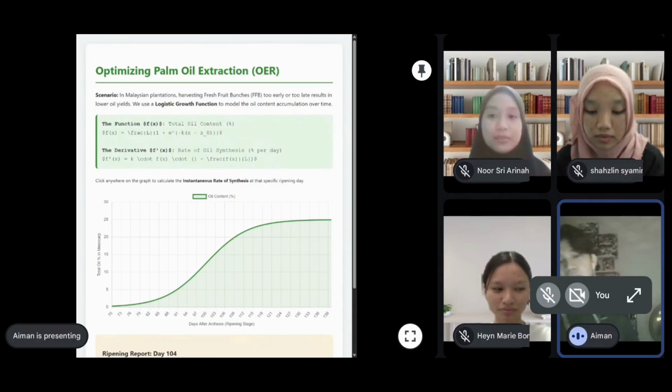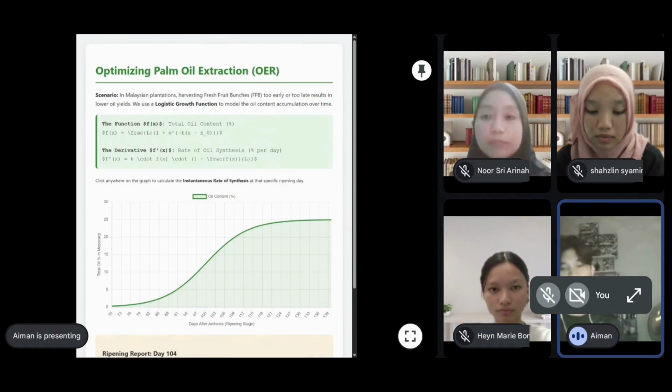Number two, summary of the chosen bioscience problem. The chosen bioscience problem in product technology is the inefficient extraction process of palm oil during the production of palm-based product. Some oil is still left in the water after the process, causing loss of yield and raw material wastage.